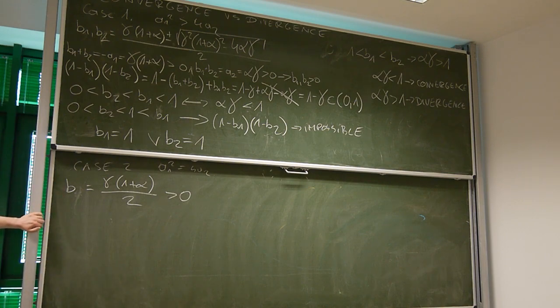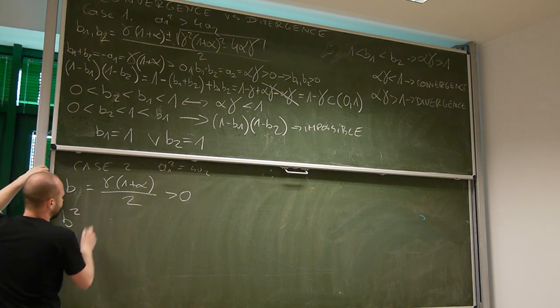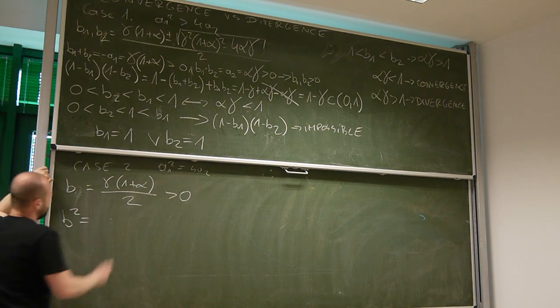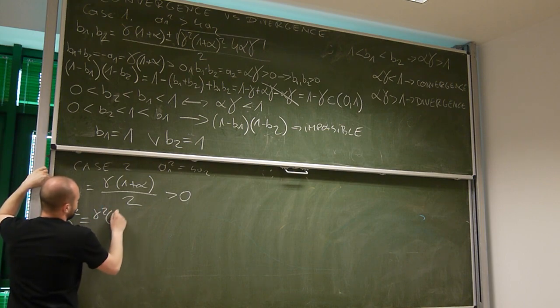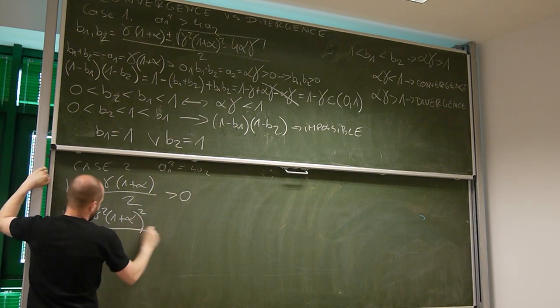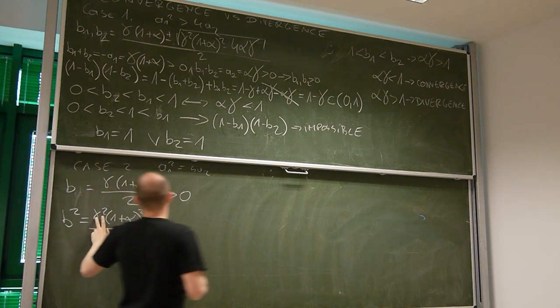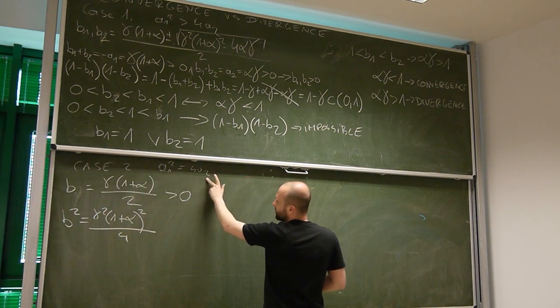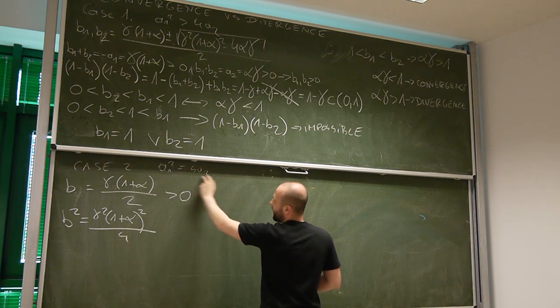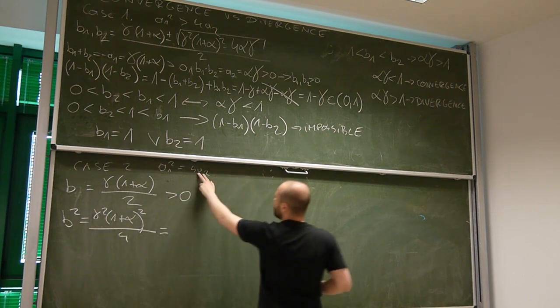Again, now let's see, what if we take b squared? Look, b squared, but A2 for A1, this is nothing more than A1 squared, right? So I can replace it by 4A2.